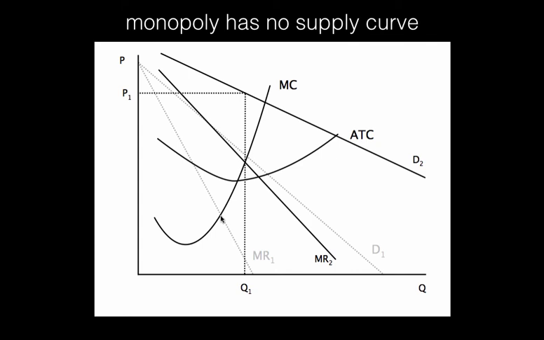So at that old demand curve and marginal revenue curve, I'd be here, and my price, I'd be going to the old demand curve over here. And so it depends on demand, right? That wasn't the case for perfect competition. It was just my marginal cost curve tells me, you give me the price, which I'm a price taker, marginal cost told me where to produce. That wasn't the case here. So it's dependent on what's happening with demand.